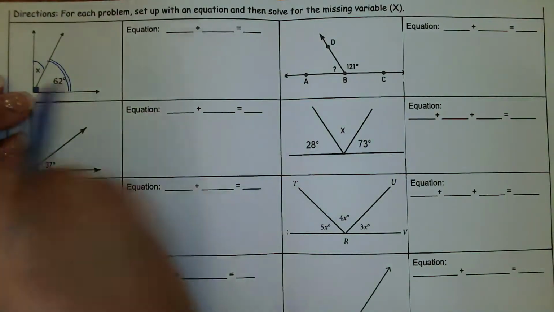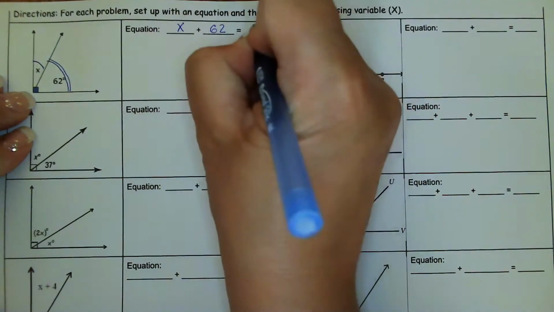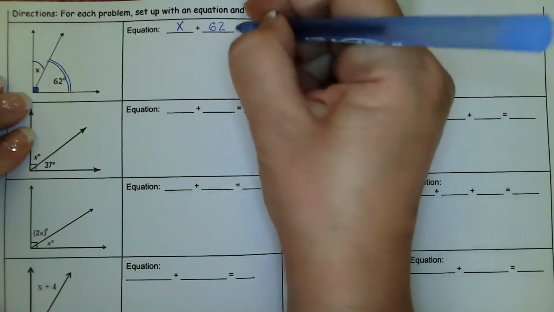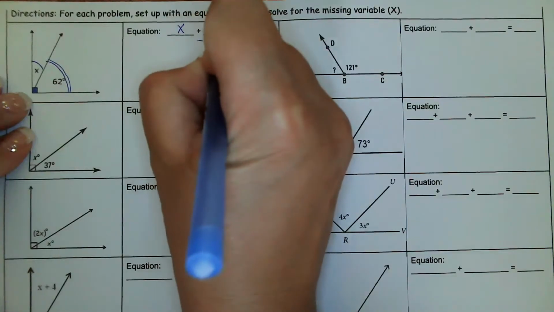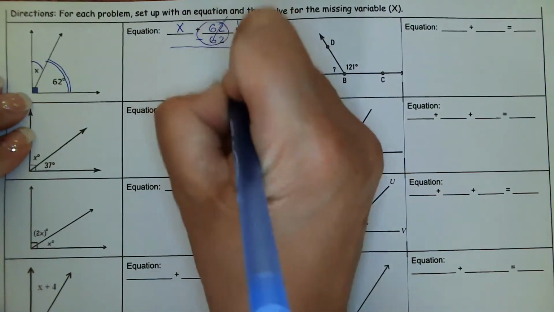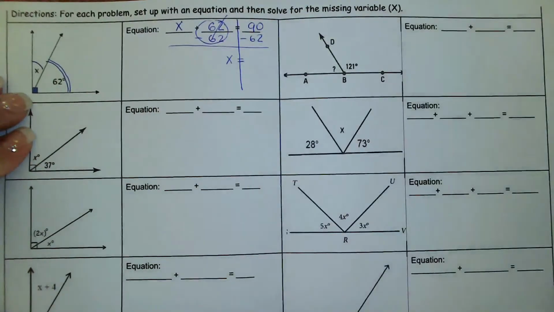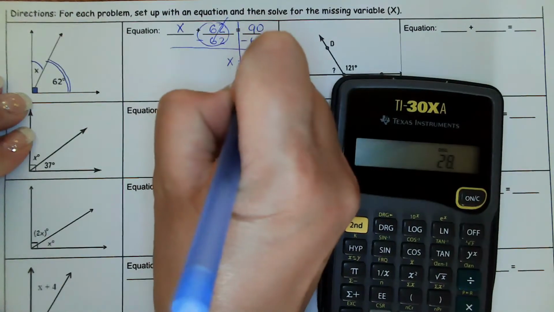To write an equation, we have x plus 62 equals 90. To solve for x, we subtract 62. And the x value, 90 minus 62, is 28.